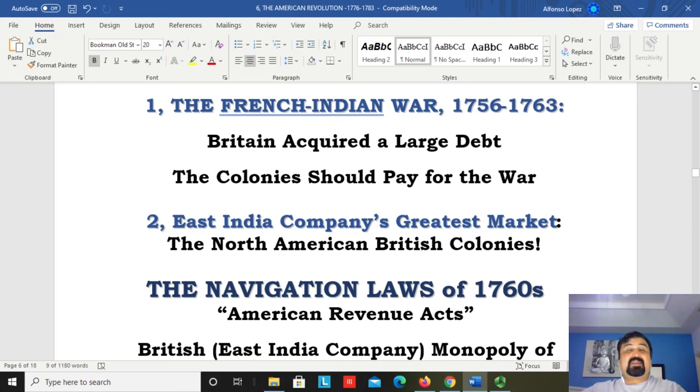This company was in financial distress. It was experiencing a lot of losses, due to the fact that a lot of tea that the East India Company had imported from India was simply sitting in warehouses.